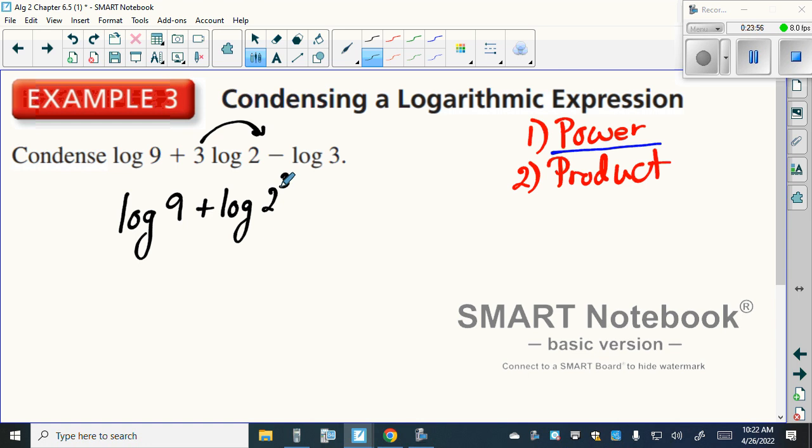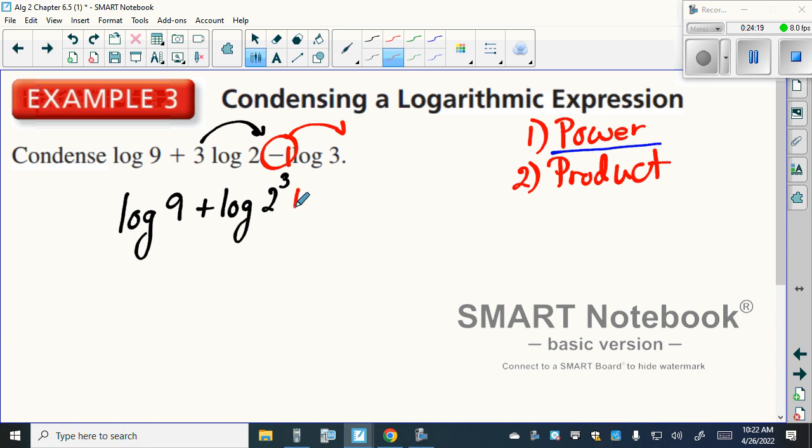Now the next one we have is minus log of 3, yes? And negative, what is the number in front of log of 3? It's not written, it is a 1, yes? And the easiest way I found to deal with this is I'm going to treat this as an exponent. As our property is, I'm going to move that negative 1 up top.